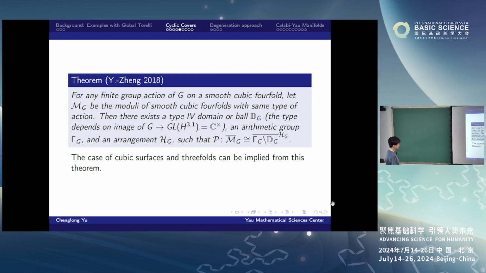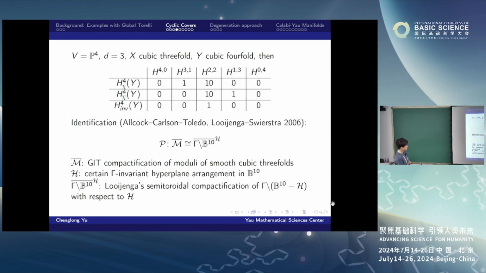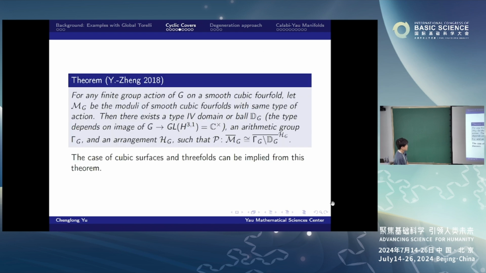Right. So let me say a little bit more about my joint work with Zhiwei Zheng in this case. We consider also cubic fourfolds. Recall that in the previous case, this is actually a cubic fourfold with a cyclic group action of order 3. We consider any group action.